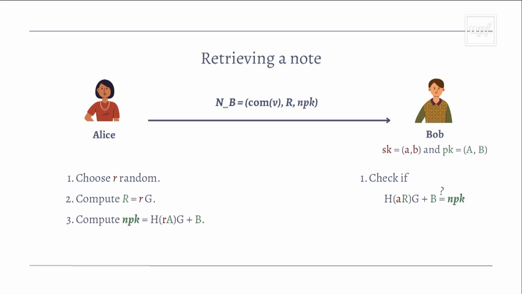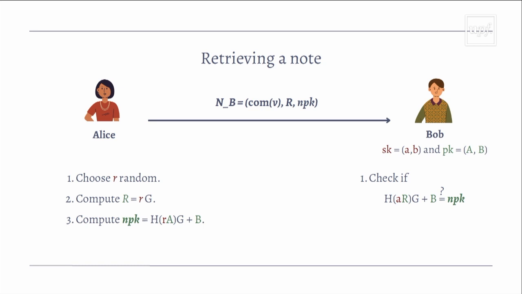So what Bob would do is that every time he sees that there is a node on the network, he will check if, using his secret key a, note that small a times big R should correspond to small r times big A. So this is just Diffie-Hellman. Added to his second part of the public key, he needs to check if that operation corresponds to the NPK that is part of the node.